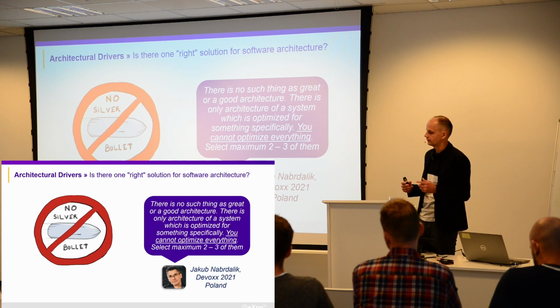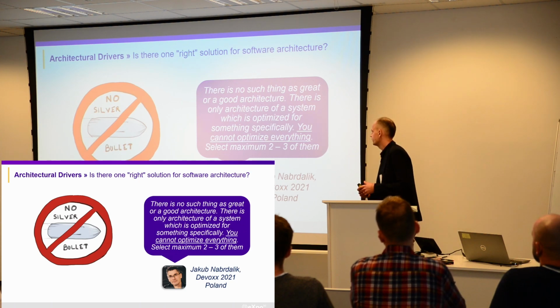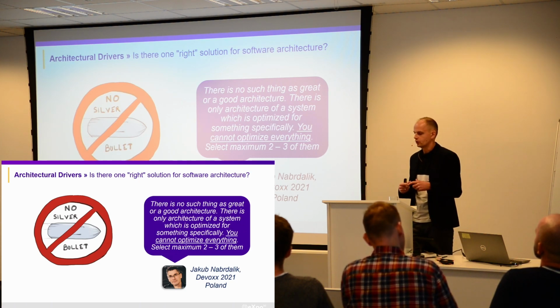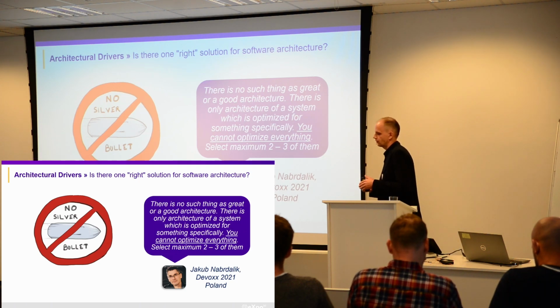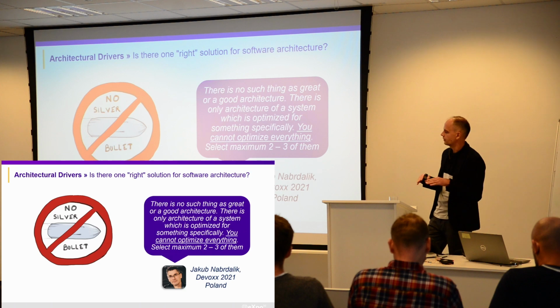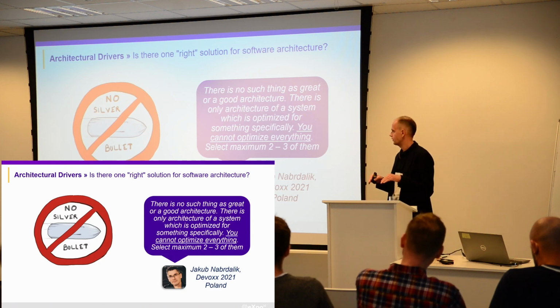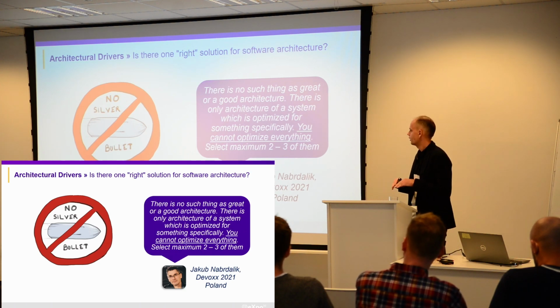Generally, we have to select some specific things which drive our application. We cannot select everything. So it is very important to define and prioritize the drivers, to find the correct solution for the correct context.